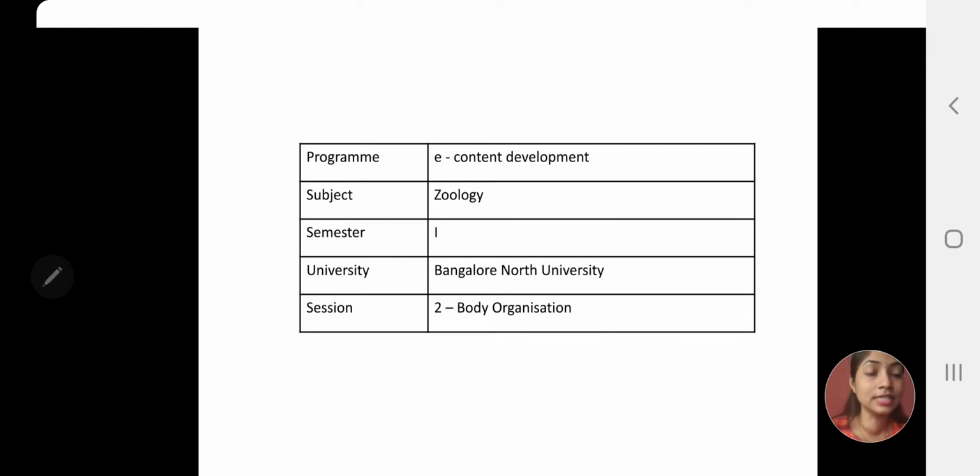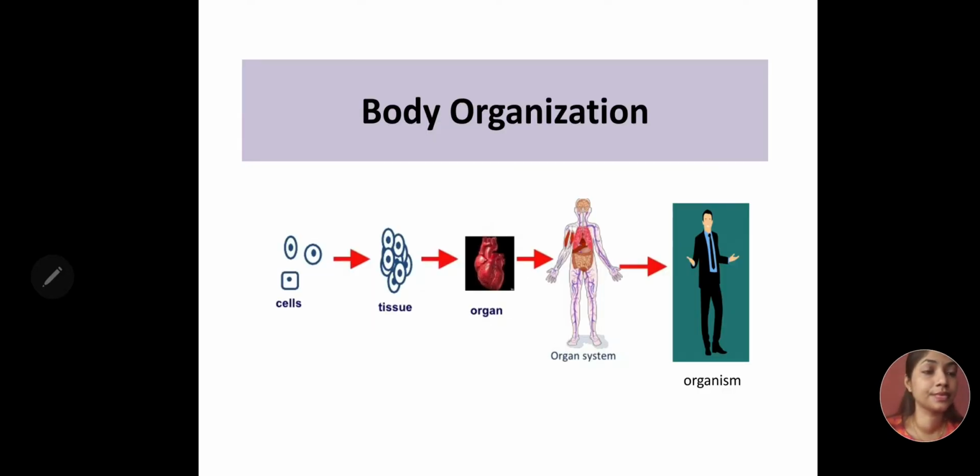In today's session, let us learn about body organization. Here in this slide, I've tried to give you a gist about body organization. Here, the cells perform some activity. Such cells aggregate together to form tissue with a specialized function.